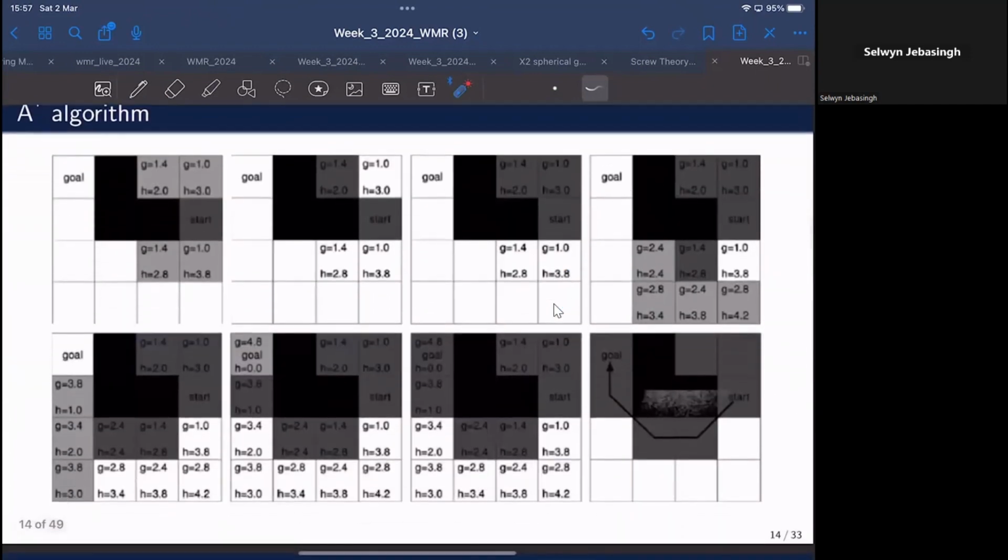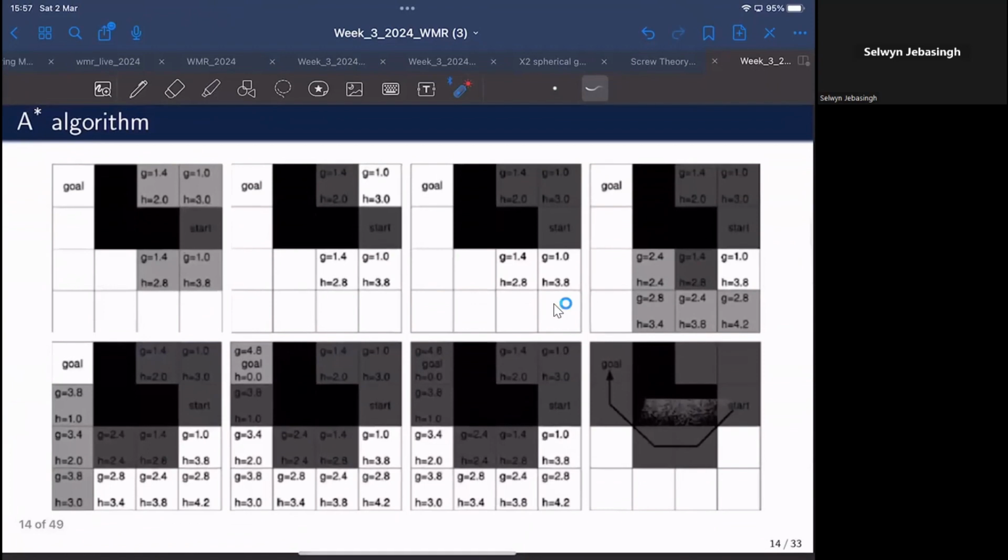For example, this is one of the examples that has been discussed in the lectures. If you start from a start position, I'll depict it in a different color, this is the start position. And over here, what you have is the goal position, right? And the path cost, g of n, is the path cost.